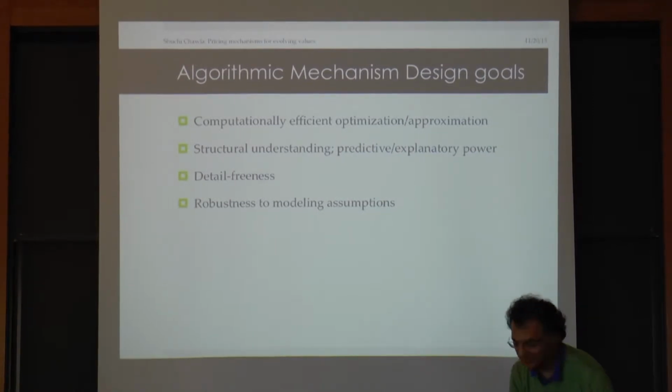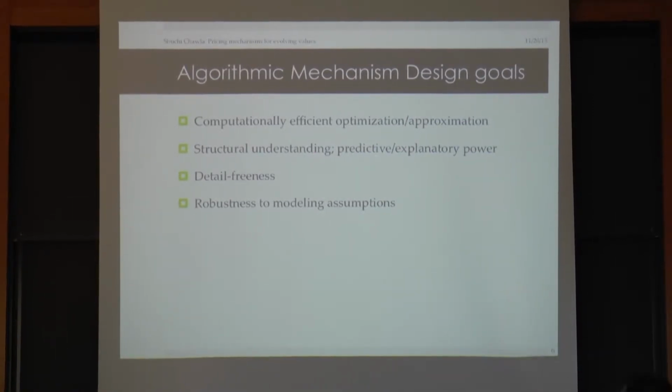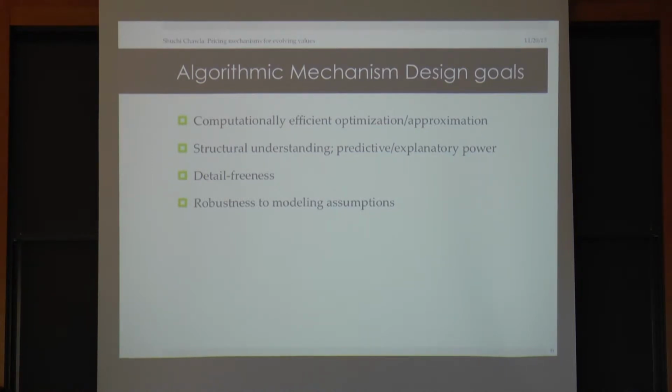But a secondary goal, which is very important for practitioners and for economists, is structural understanding of the kind of solutions that standard mechanism design problems generate. So what does the optimal solution look like? Mechanisms that we see in practice, can we explain why they work well in practice or why they're so prevalent? So predictive or explanatory power is another very important goal.